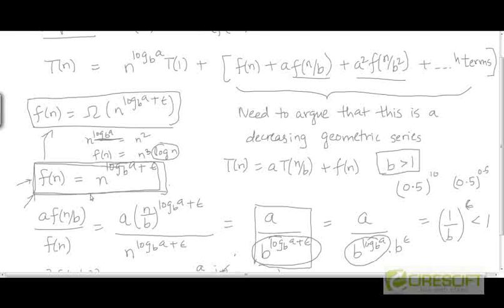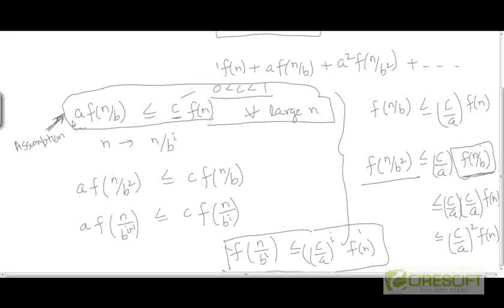So, if you are given a recurrence relation where f of n is some power of n, then for us to apply case 3, it's sufficient to just show that f of n is polynomially larger than n to the power log of a to the base b. But if f of n has a more complicated form, something like this, then we also need to show that this assumption holds for that specific form of f of n, because it's only with this assumption that we were able to prove that T of n then will be theta of f of n.